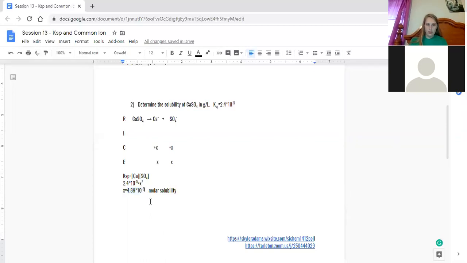Go ahead and put our unit in there. That'll make more sense. We're going to multiply that by the molar mass. Sorry, I lost that, and I have that written down here. Our molar mass for the CaSO4 is going to be 136.2 grams per mole.